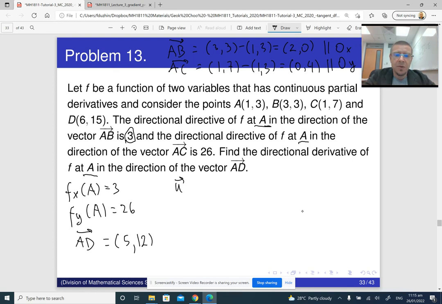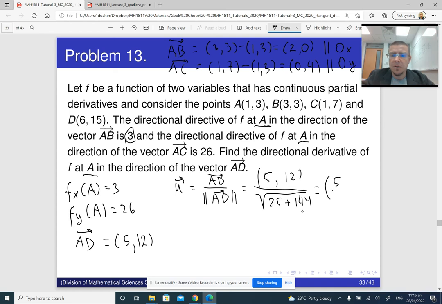So the vector u, the unit vector in that direction, is going to be AD divided by its norm. So this is (5, 12) divided by the square root of 25 plus 12 squared, which is 144. This is 13, so u is 5 over 13 and 12 over 13.